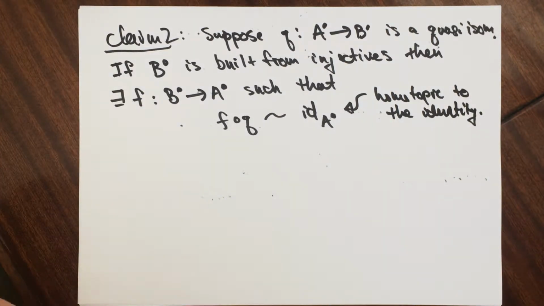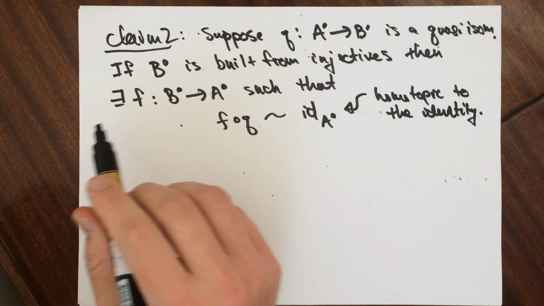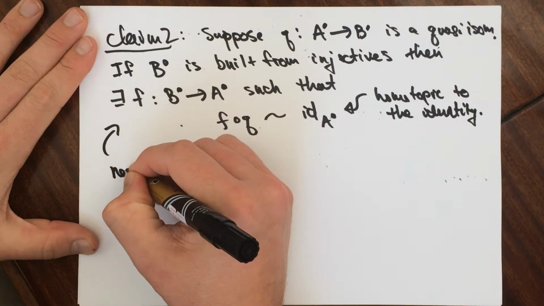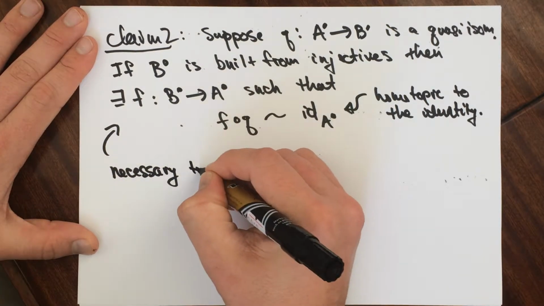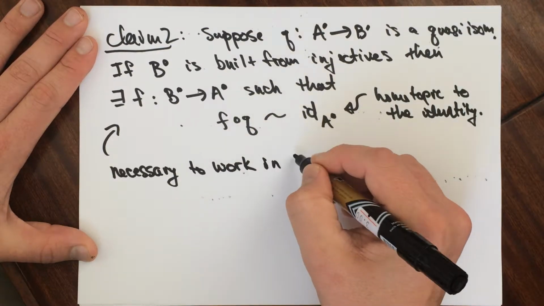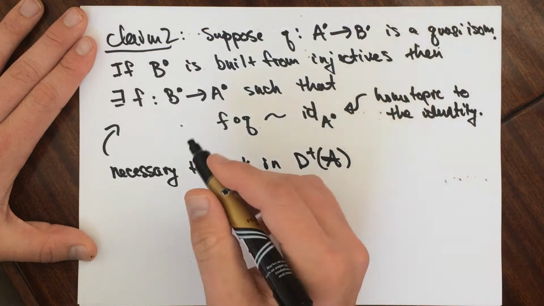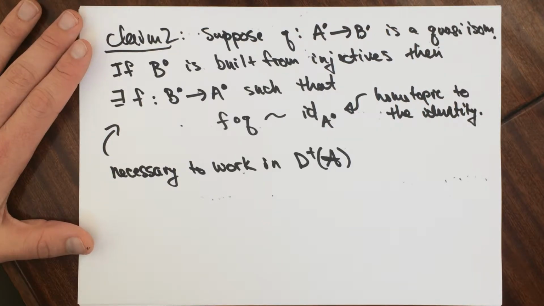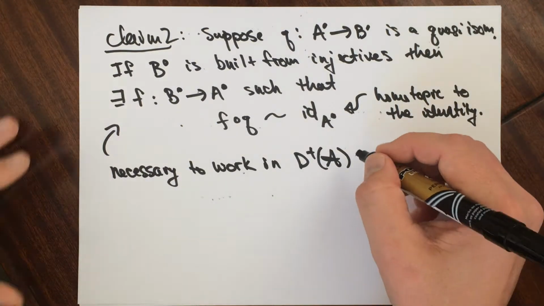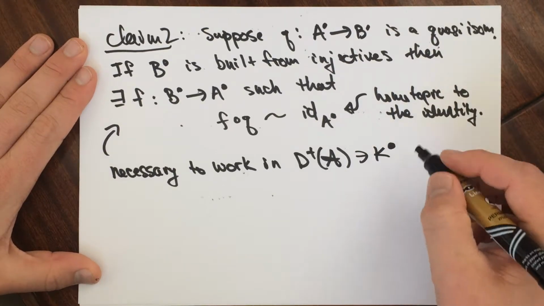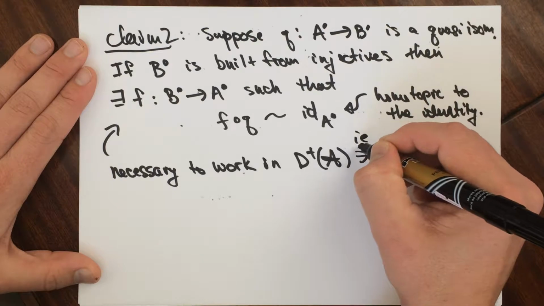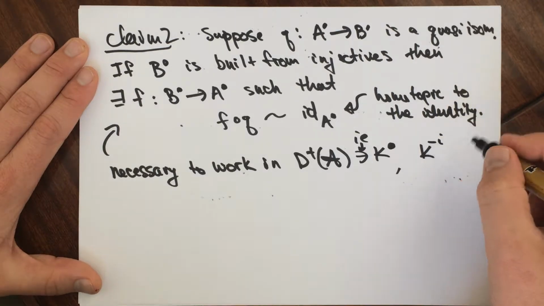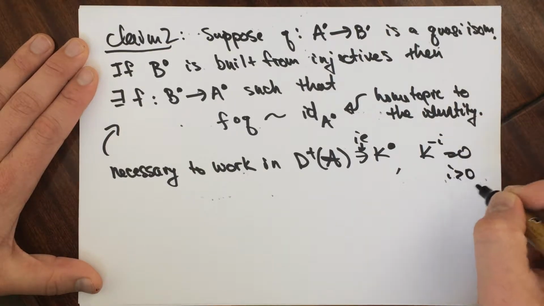Also, let me say something else here. It's necessary to work with complexes where, again, these are complexes that are 0 in negative degrees. So K of negative i is equal to 0 for positive i.